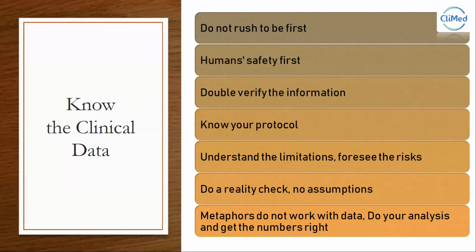You cannot just jump into any clinical trial based on any data. So you don't have to rush. You have to understand what type of clinical data is expected and what outcomes you are expecting. If you have a protocol, you have to know the protocol.